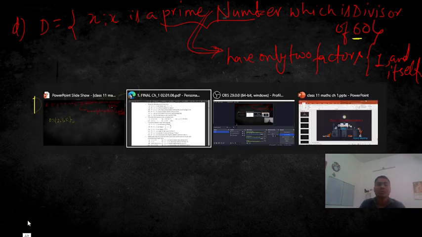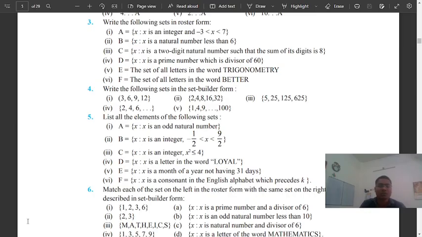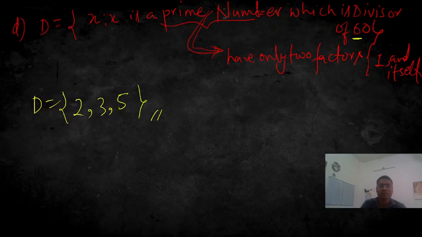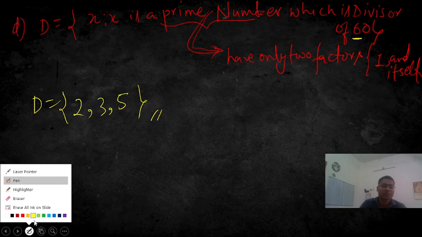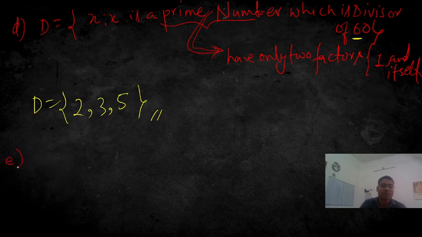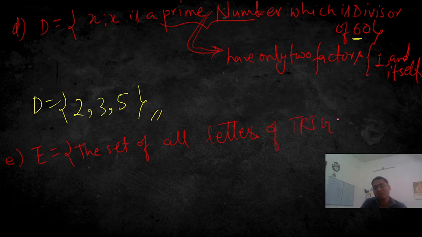So now coming to the fifth question, E: the set of all letters of trigonometry.